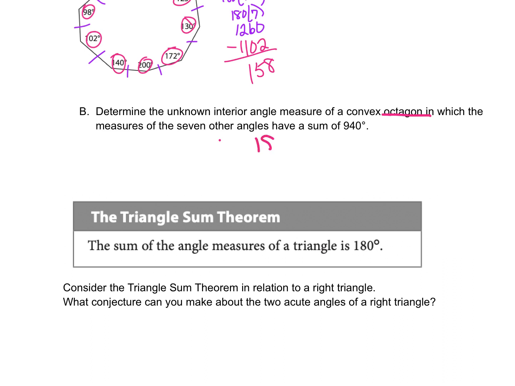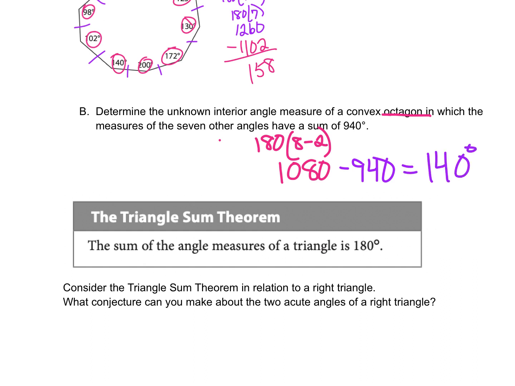So 180 times 8 minus 2, because the octagon has 8 sides, gives me, let's see, 180 times 6 is 1080. So I'm going to subtract that 940. And I get 140 degrees would be the unknown angle measure.